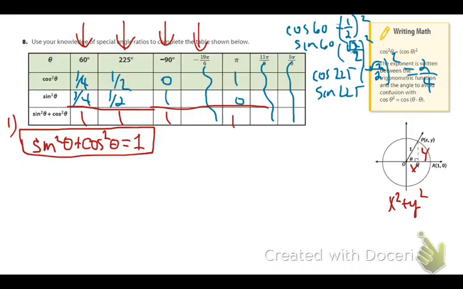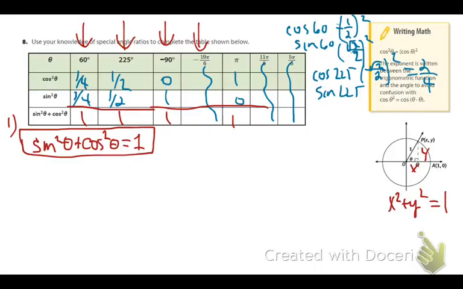So my x squared plus y squared equals 1, right? Because of our unit circle having that radius of 1. Well, what's my x? My x is really what? Cosine. And my y is really what? Sine. Okay, so that's where we get our Pythagorean identity. Okay? Any questions on that? Okay?